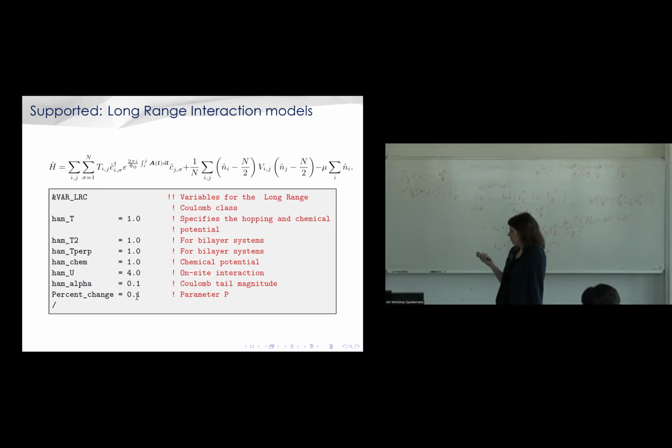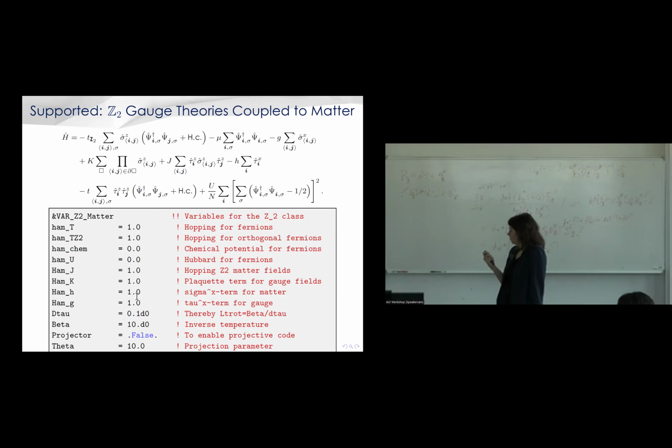And then finally, well, not quite finally, we have the Z2 gauge theories coupled to matter. Lots of options here for spins that live on bonds, but also we can have spins that live on sites. And these will all couple to either spins by themselves or to fermionic bilinear pieces.